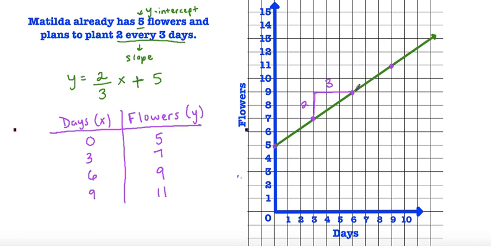And then if we wanted to pick other 2 points, we would see an increase of 4 flowers every 6 days, but 2 over 3 is equivalent to 4 over 6. So we could really pick any 2 points to find our slope. And our y-intercept in this case is 5 because we initially started off with 5 flowers.